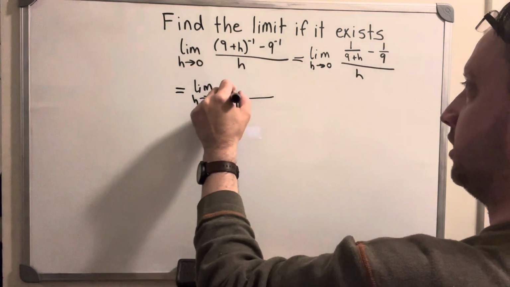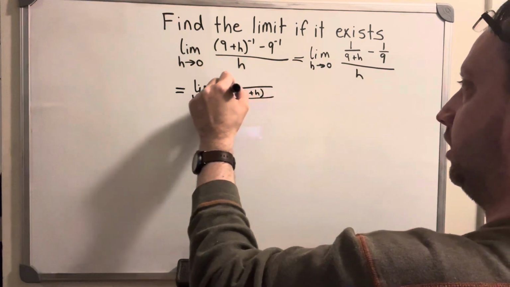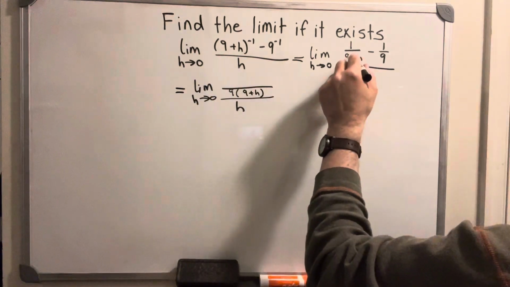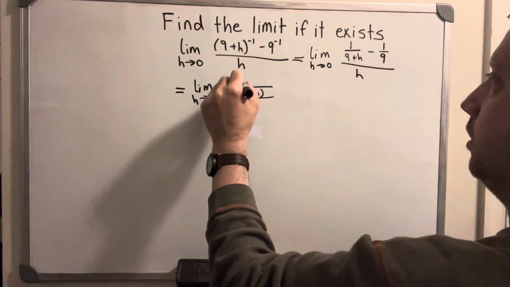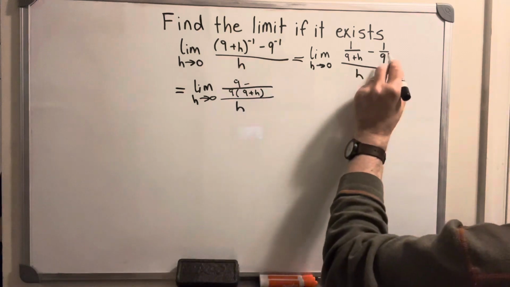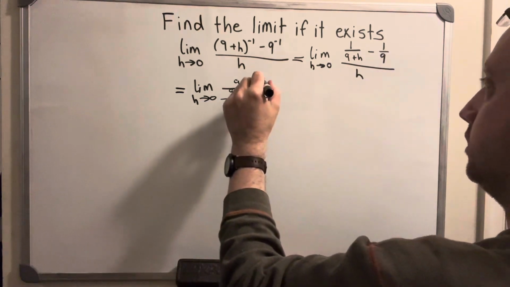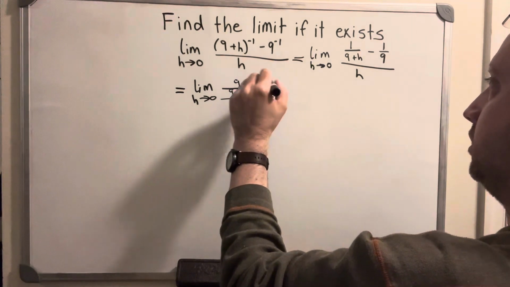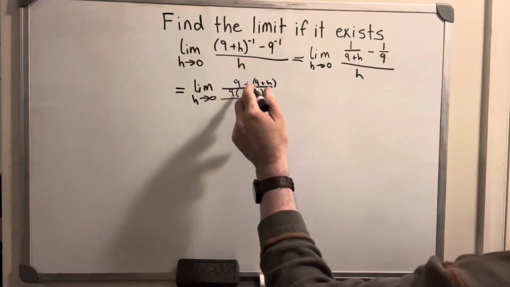So let's just write this, 9 plus h. So we multiplied this by 9 over 9, and minus, and we multiply this fraction by 9 plus h over 9 plus h. Now make sure you put these parentheses right here.